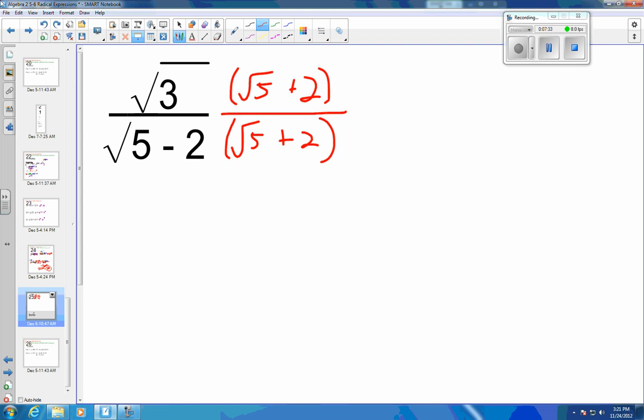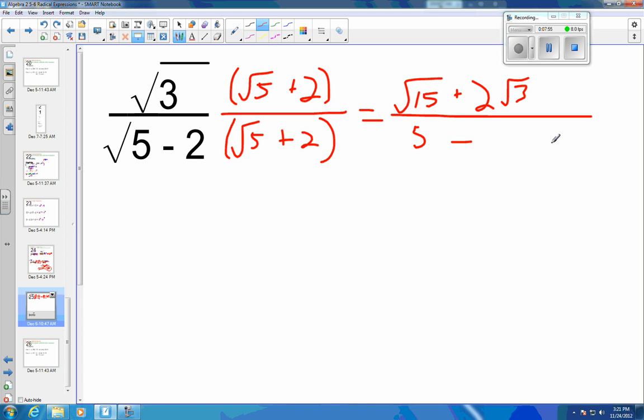So we're going to distribute the top. I only have one term, so I don't have to FOIL. I can just distribute. So square root of 3 times 5, the square root of 5 would be the square root of 15. And square root of 3 times 2 is plus 2 square roots of 3. That part's done. The bottom, square root of 5 times square root of 5 is just 5.